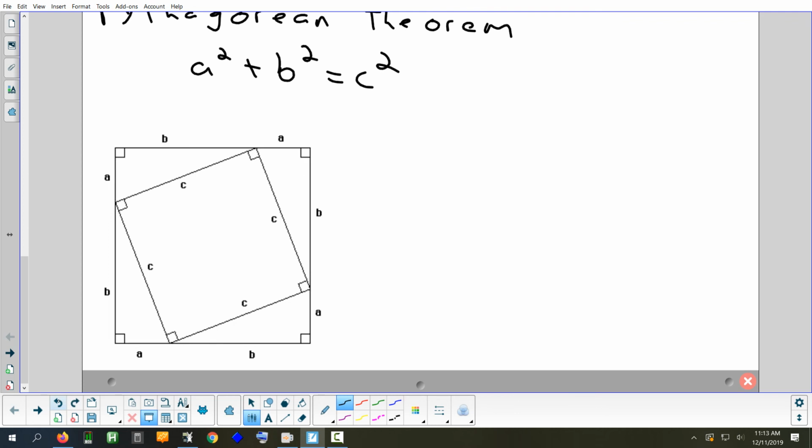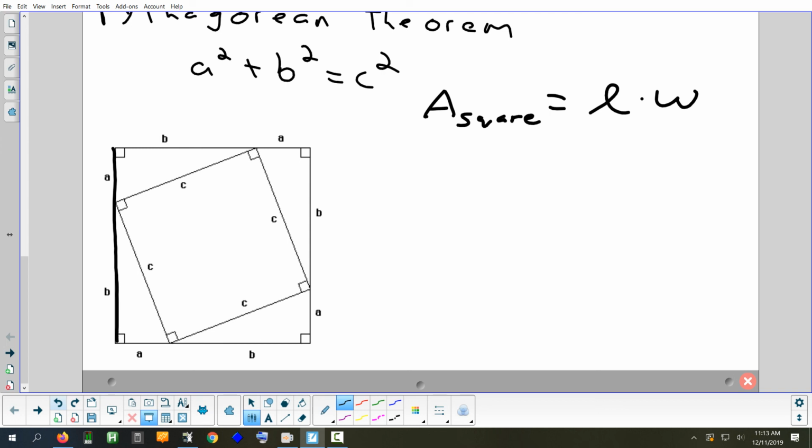What's the formula for the area of a square? S squared, or length times width. Length and width are the same. So what's the length of one of the sides? A plus B. Okay. So let's write it like this. Area of a square equals length times width, or side squared, same thing.